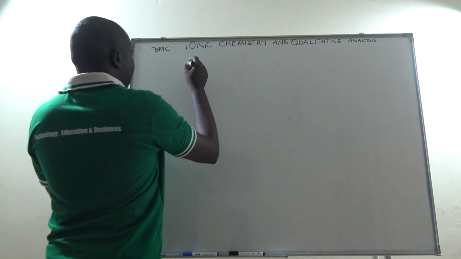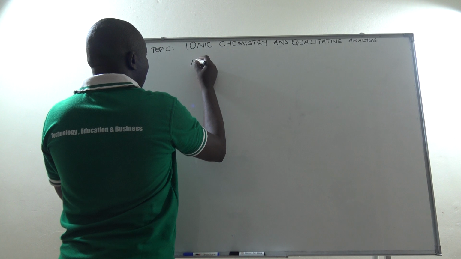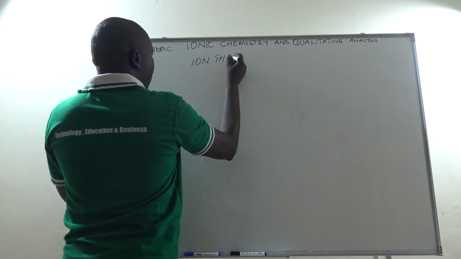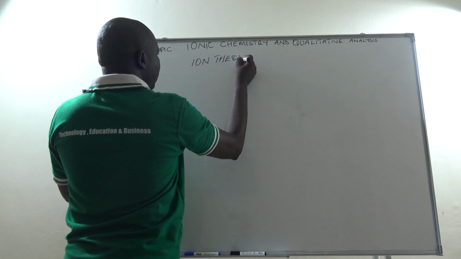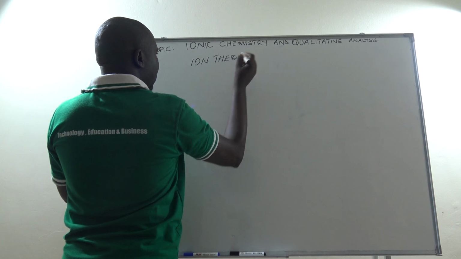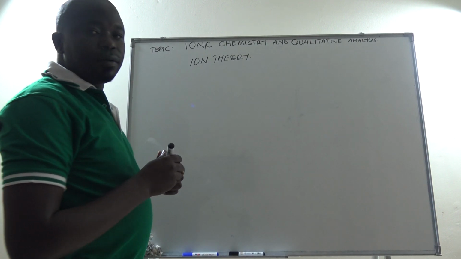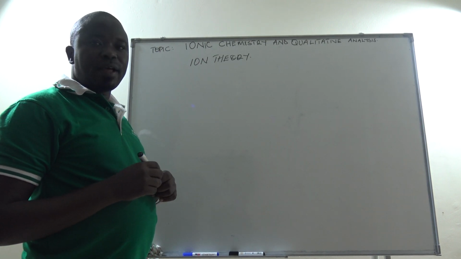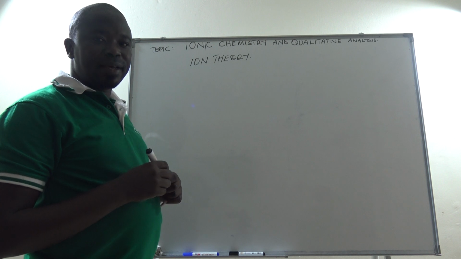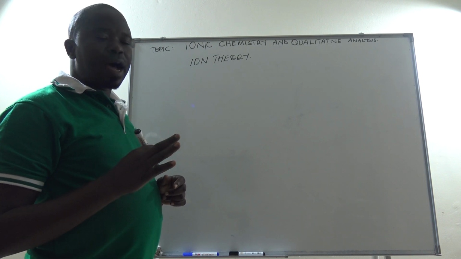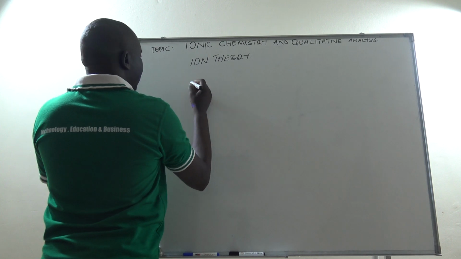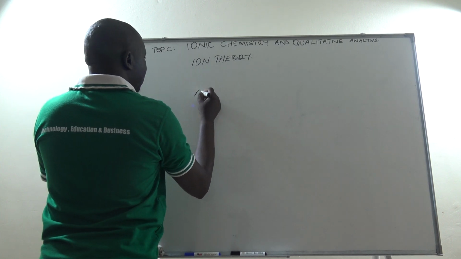First of all, let us look at what we call the ion theory. So we have what we call the ion theory that was put forward by a man called Arrhenius. So the man is called Arrhenius.